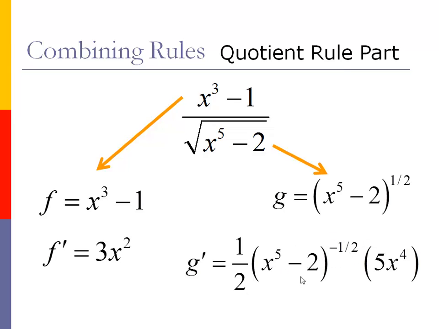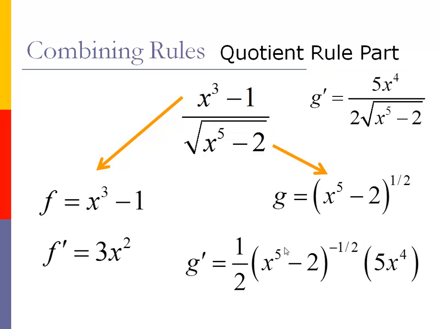Inside left alone, because it's a chain rule. And then times the derivative of this inside. The 2, remember, is a constant, so its derivative goes to 0. And so we are left with a nice 5x to the 4th. And so that would just be the derivative of the denominator for our quotient rule that we need to do for this inside part.